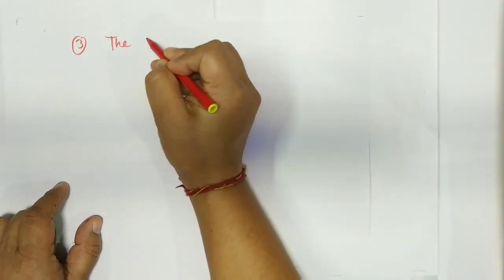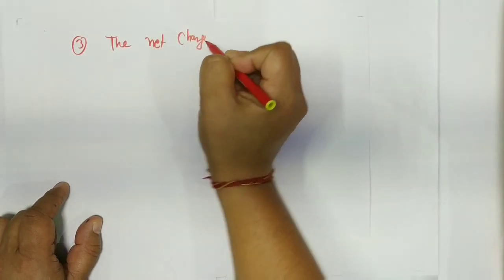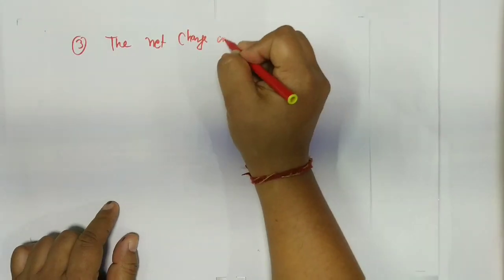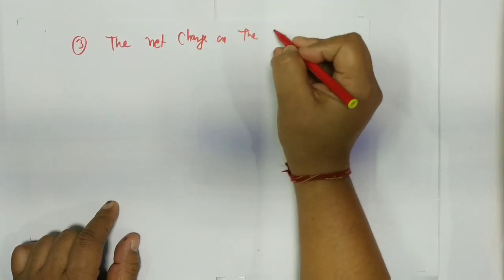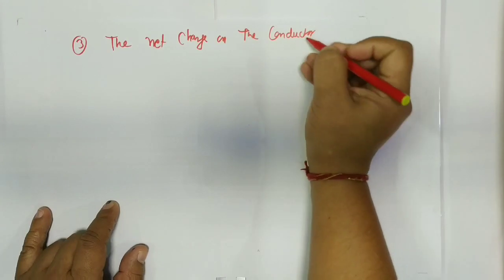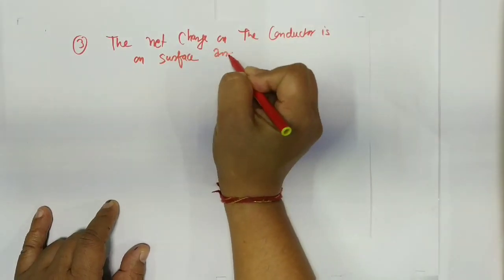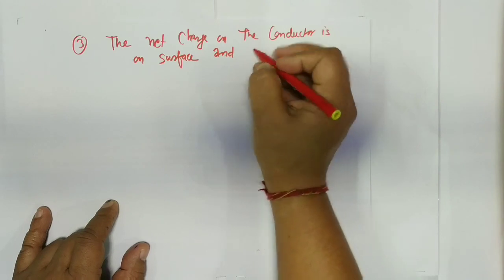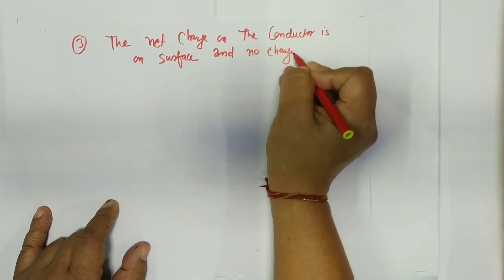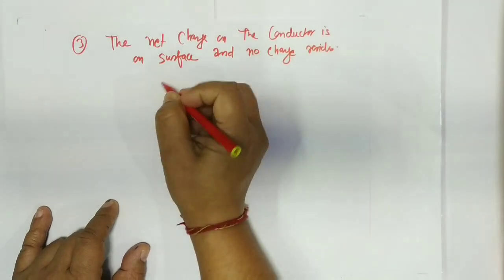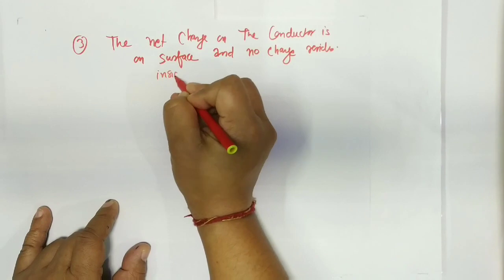And then the third and fourth properties that we are also going to discuss. The third property is that the net charge on the conductor is on the surface, and no charge resides inside it.